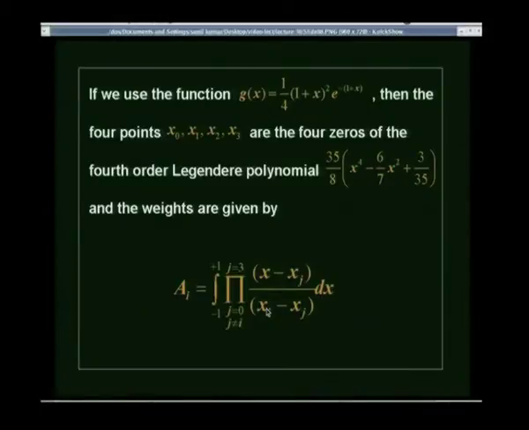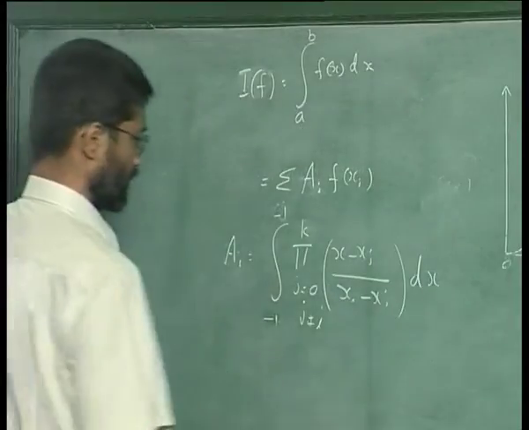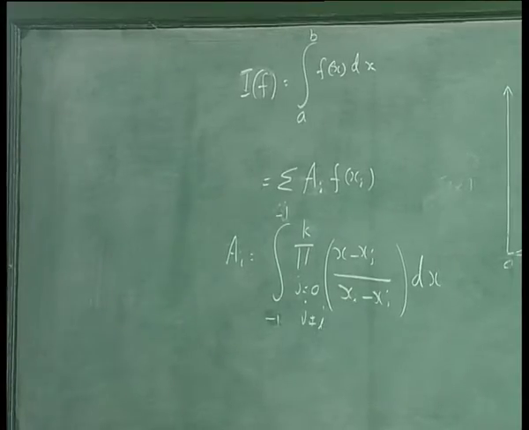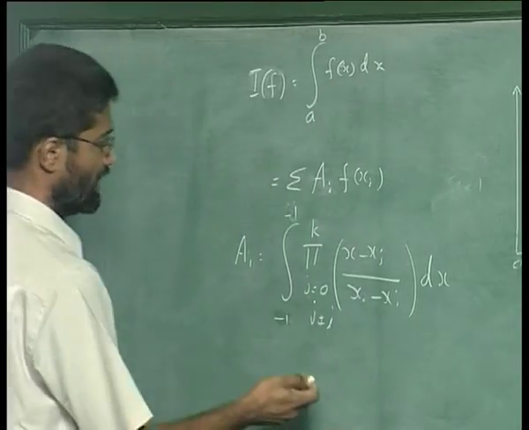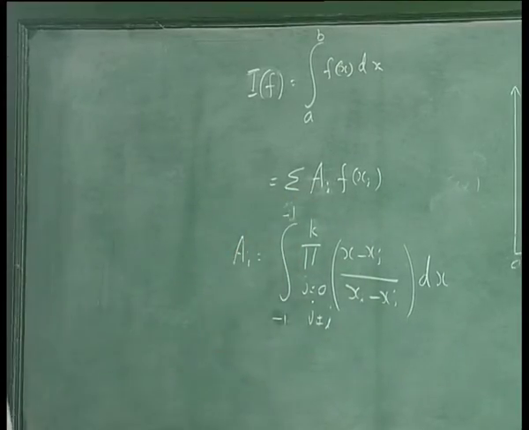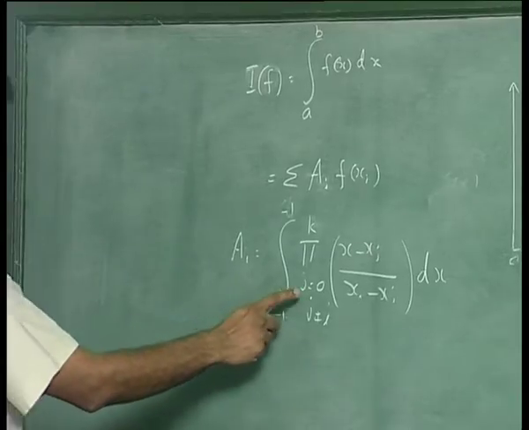Now this involves integration, so that's not something we want to do, because our idea is to avoid another integral. It doesn't make sense to compute the weights by doing another integration and then doing a sum. So we have to change this form.